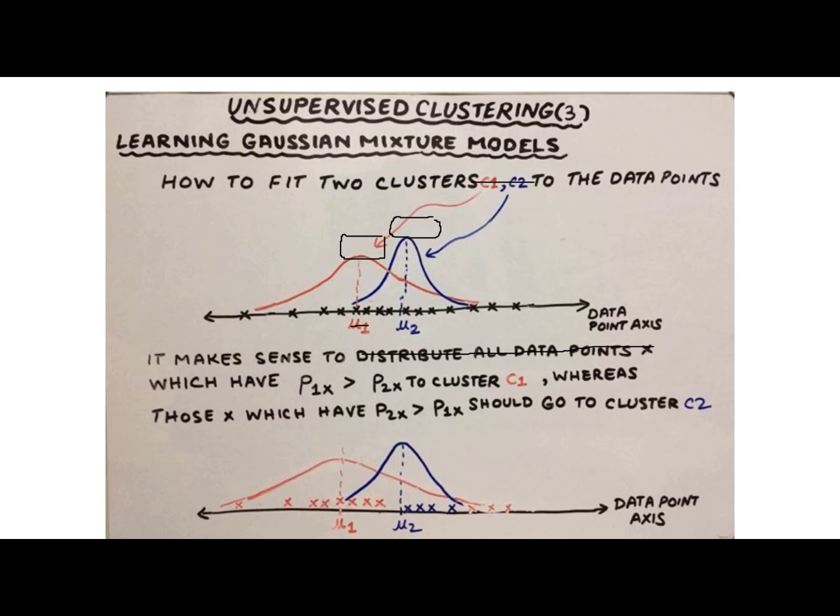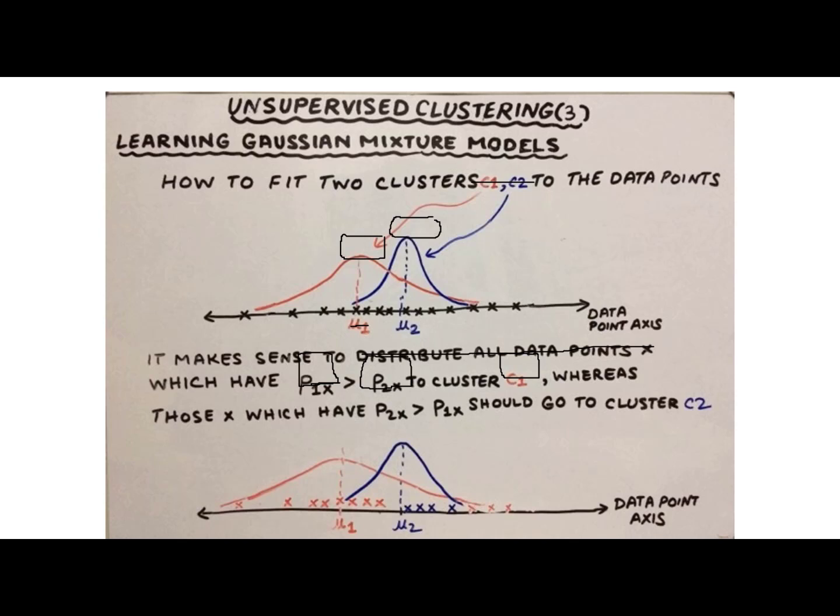And the criterion is that for any given data point X, if cluster 1 has higher probability value for that data point compared to cluster 2, then we are going to ascribe that data point to cluster C1. So it will have a label, say 1, specified by cluster C1.